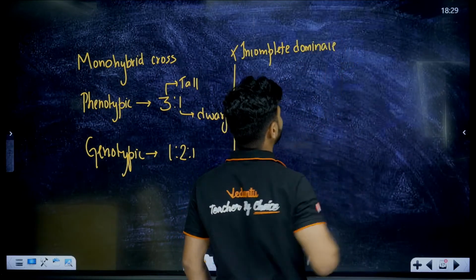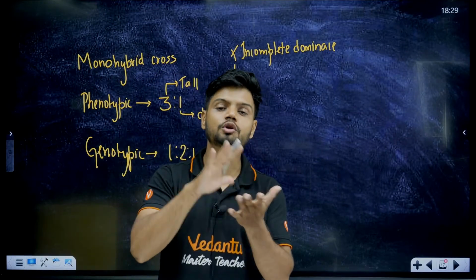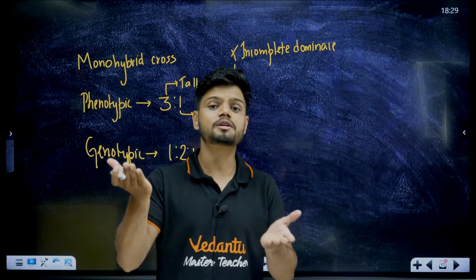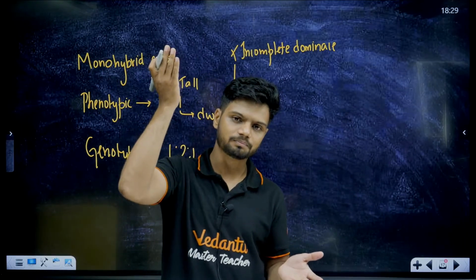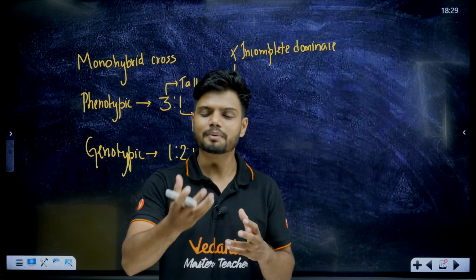Incomplete dominance is a condition in which a particular dominant allele is not able to completely suppress the effect of the recessive allele. So the recessive allele is also expressing here and there. It happens in examples like Snapdragon or Mirabilis jalapa.